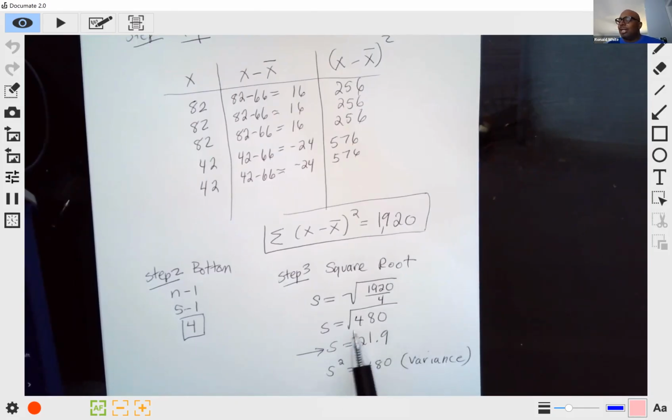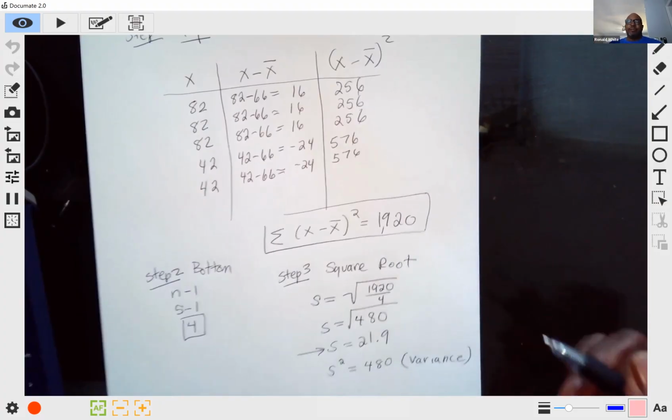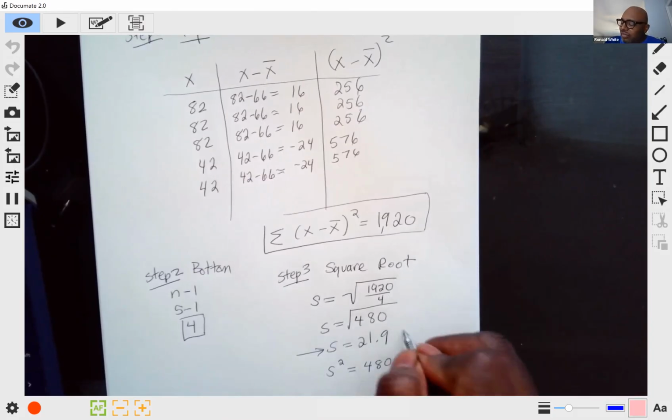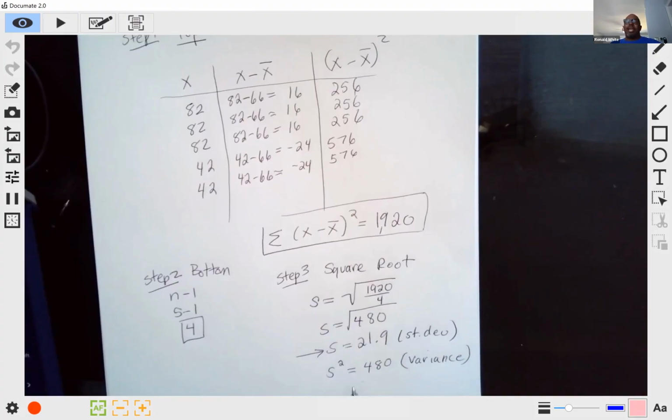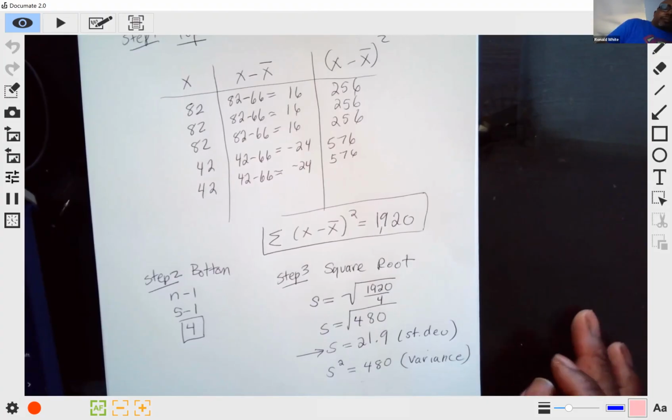If I took 21.9 and multiplied it times 21.9, that's going to give me 480. It's the square of the standard deviation. So this is the standard deviation, and S squared, the standard deviation squared, is the variance.